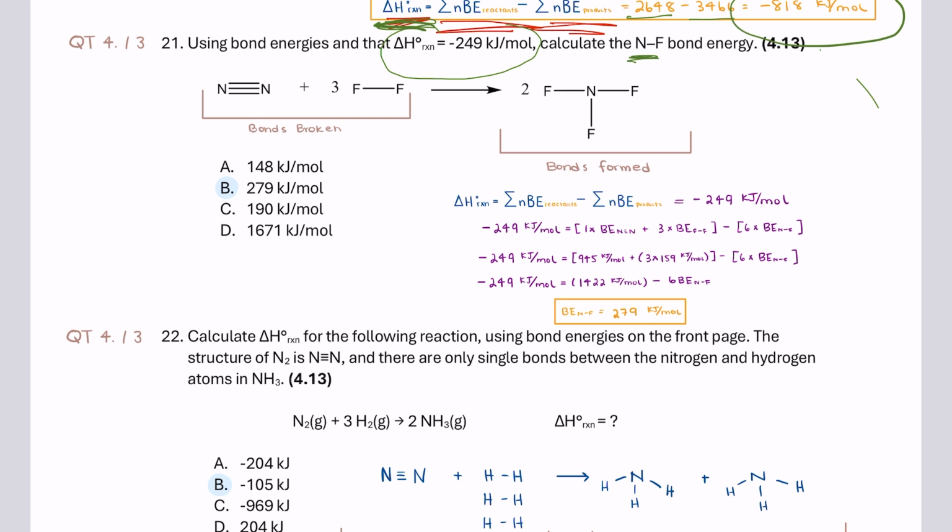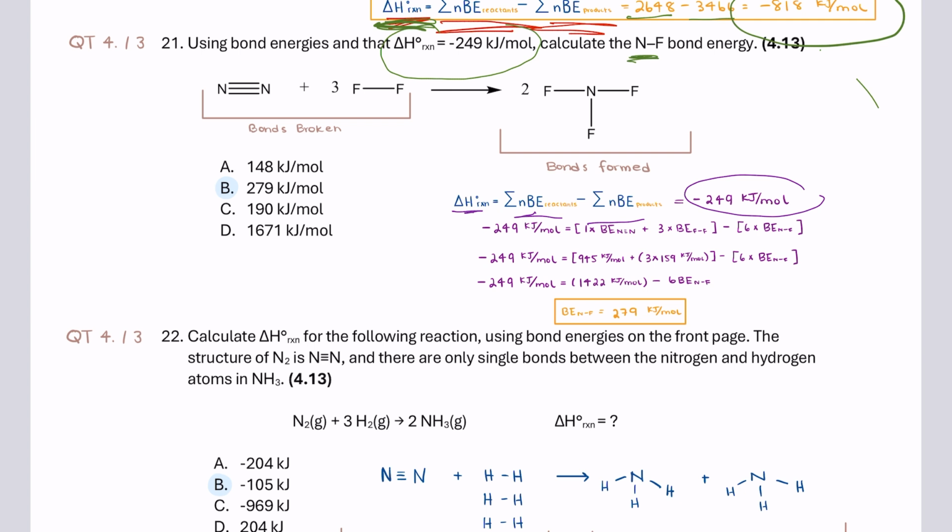The formula we use here is that the enthalpy change of the reaction equals the total bond energy of the bonds broken minus the total bond energy of bonds formed. We're given that the enthalpy change for the reaction is negative 249 kilojoules per mole. That means that the reaction is exothermic.